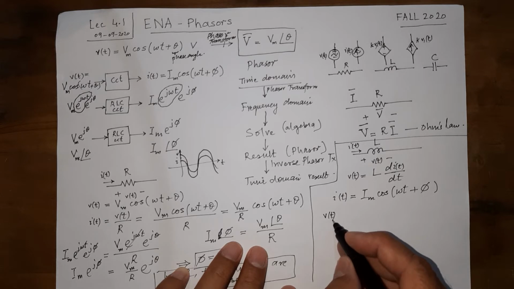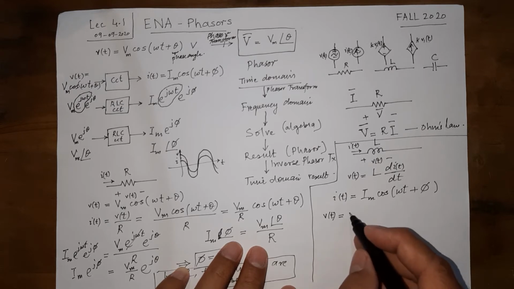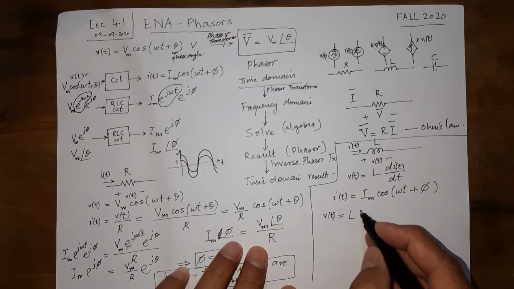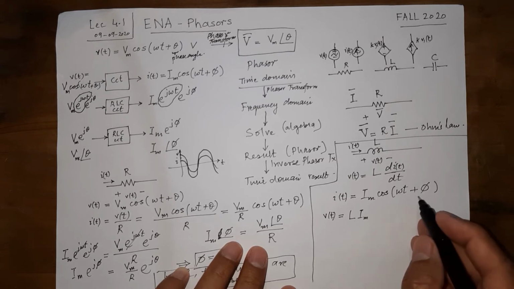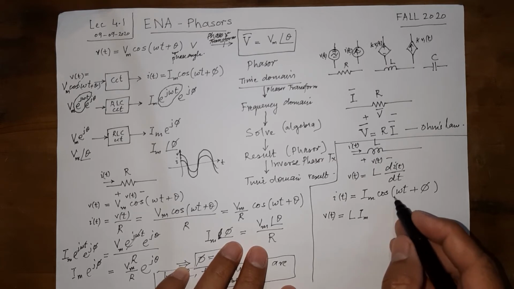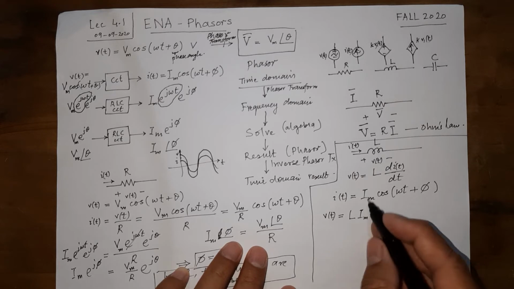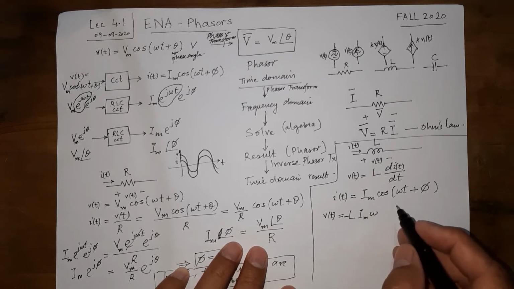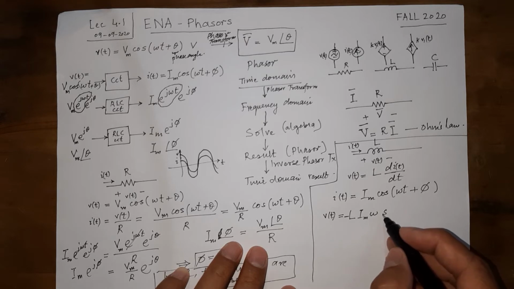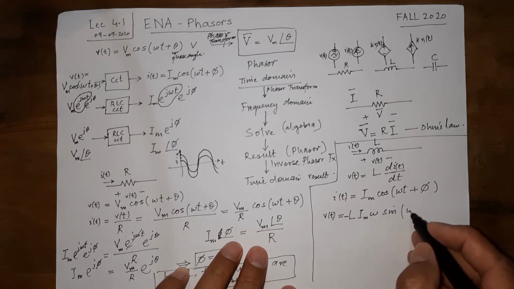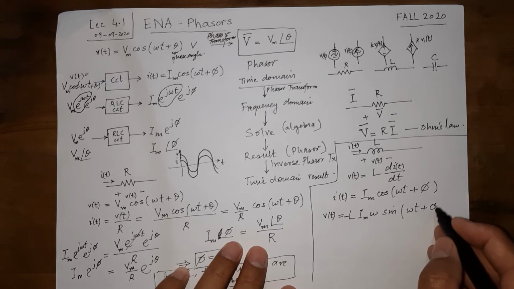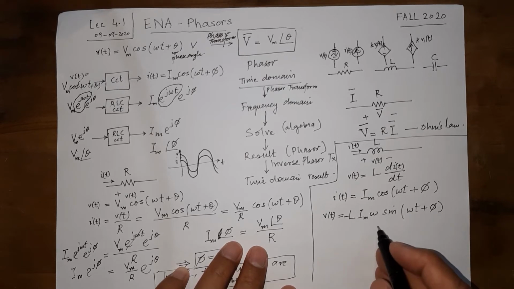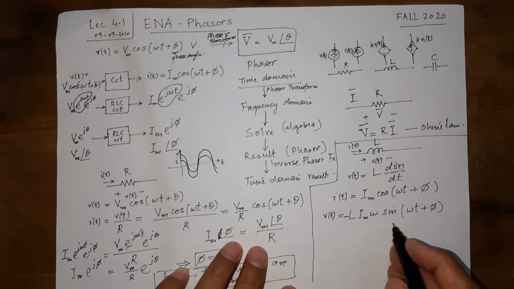Vt would be equal to L multiplied by the derivative of Im sine omega t plus phi. So that would be omega L Im cosine omega t plus phi.